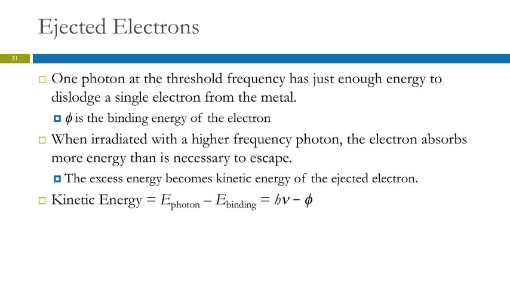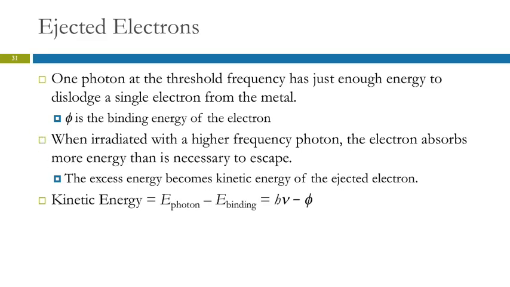Anybody know? Phi? It's a Greek letter. It's a weird Greek letter. We're not going to have to use it very much. Epsilon? Okay, I believe that. I can't remember. So epsilon is the binding energy of the electron.